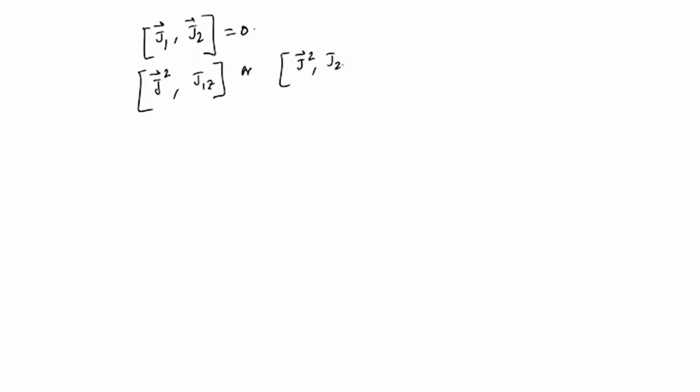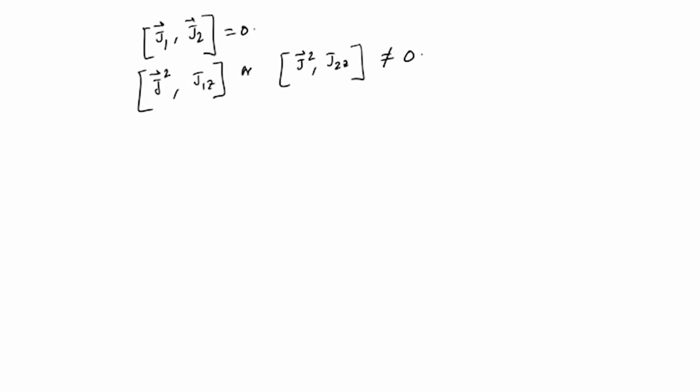Now, it's true that the J vectors actually commute for the two particles, but there is a problem: J square does not commute with either J1z or J2z, and this commutator is not equal to 0.